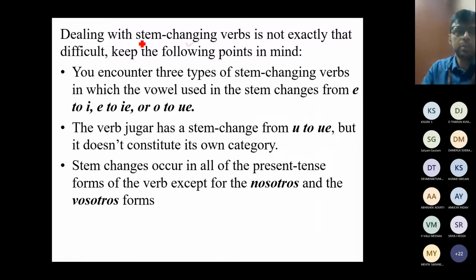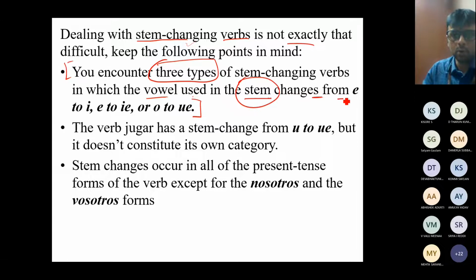Dealing with stem changing verbs is not exactly that difficult. Now, there are different types of stem changing verbs. This is what is written over here also, that you encounter basically three types of stem changing verbs, in which the vowel used in the stem changes from E to I, E to IE, or O to UE.